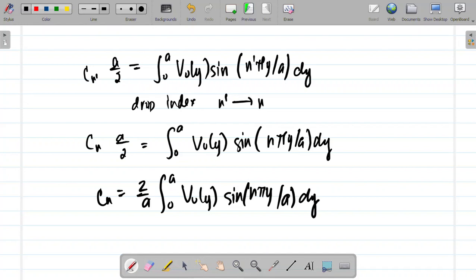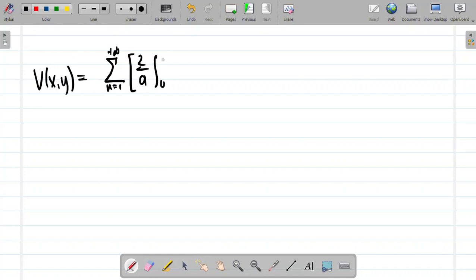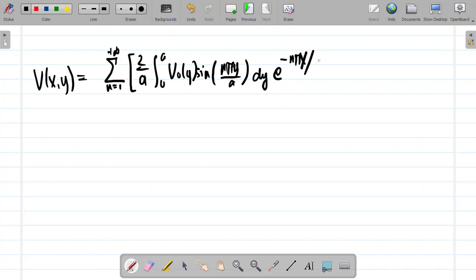So, finally, we have our v of xy, yung potential na hinahanap natin in the first place. This is summation n equals 1 to positive infinity, 2 over a, yun yung Cn natin, integral ng 0 to a v naught of y sin n pi y over a dy, e raised to negative n pi x over a sin n pi y over a.